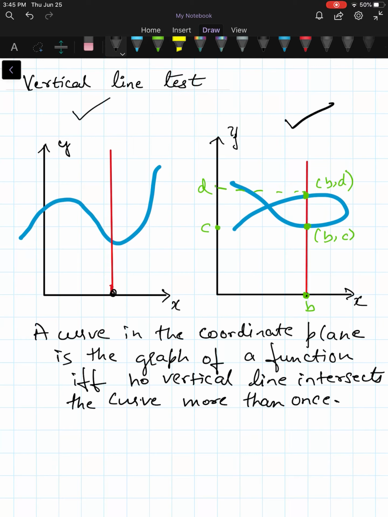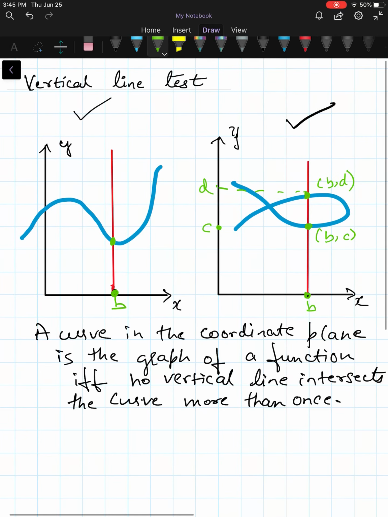If you have an input value b, and it intersects at one and only one point, that would be the functional value, a unique functional value assigned to this particular b, and let it be c. So every input value is being assigned a unique output value.